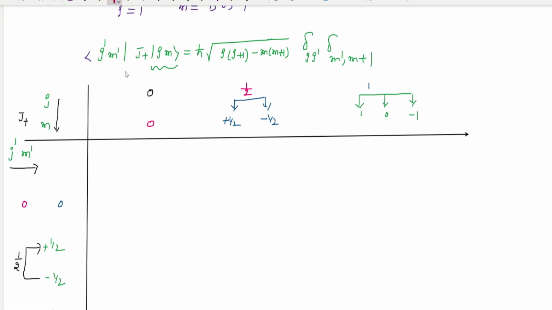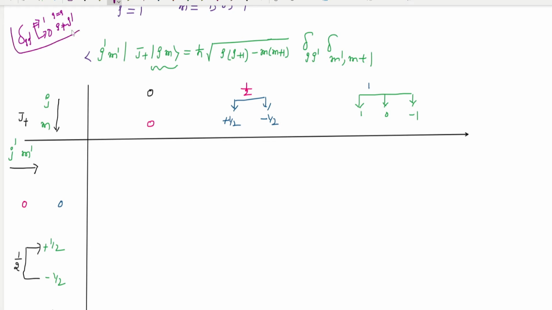You need to check this j and j prime value. If j and j prime are equal, which means the same state, then this Dirac delta function is the normalization condition, right? So the condition is 1 if j is equal to j prime, and 0 if j is not equal to j prime, right?